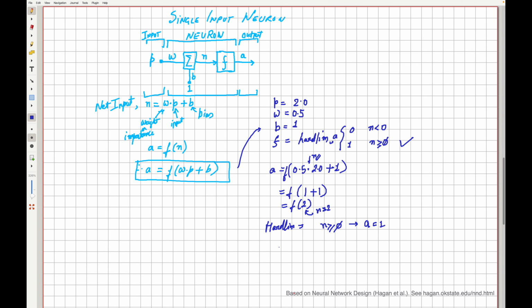Therefore the output of this single input neuron with these values given here is going to be a equal to 1, and that's how the single input neuron works.